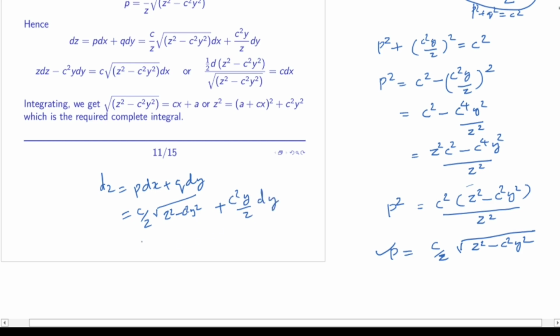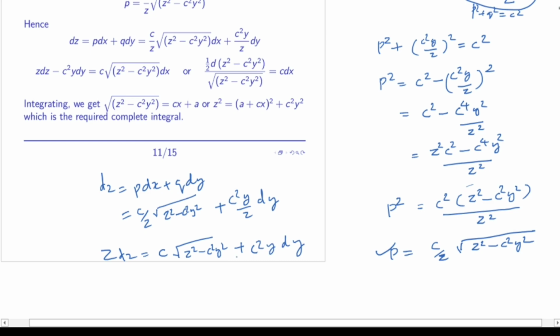Now we can take this as z dz is equal to c into square root of z square minus c square y square dx plus c square y dy.